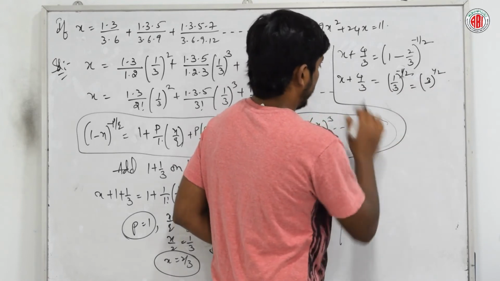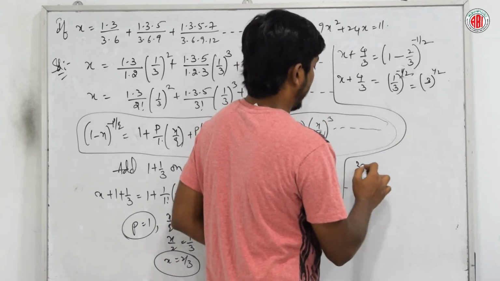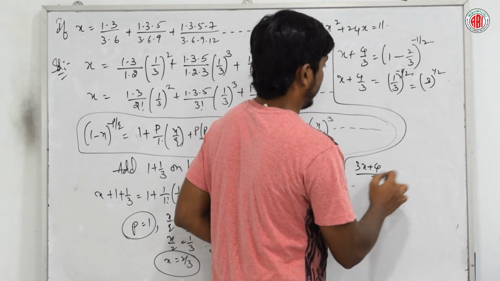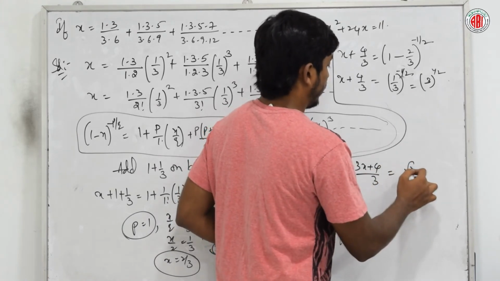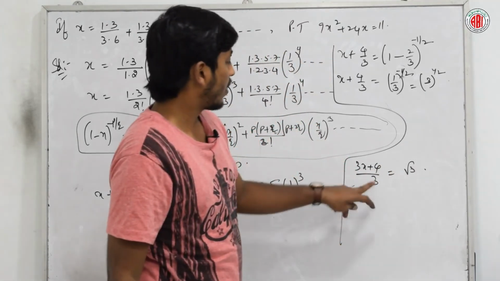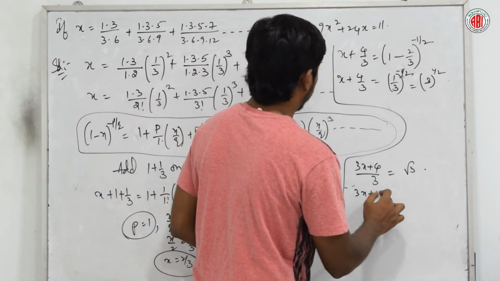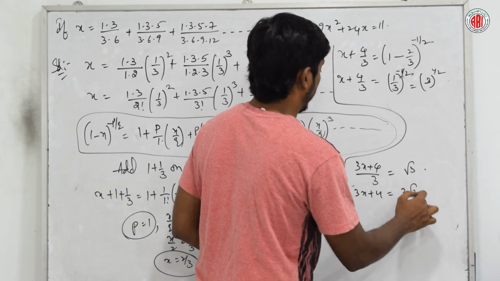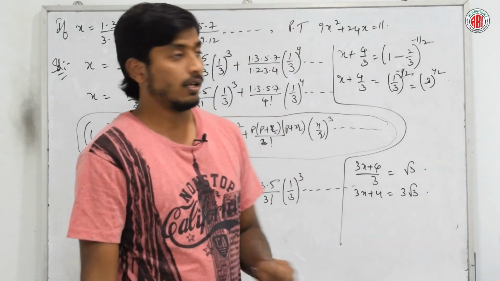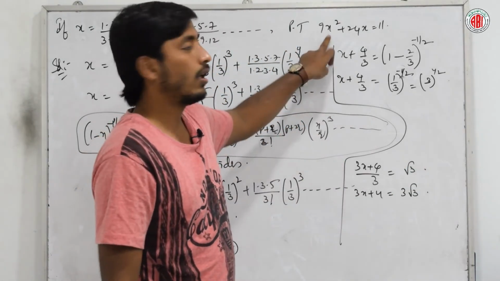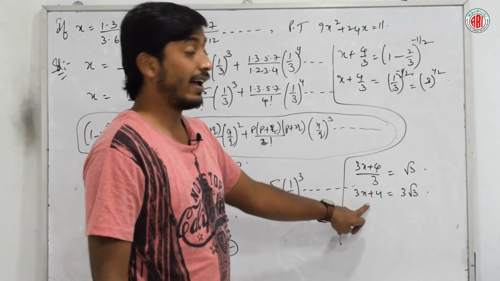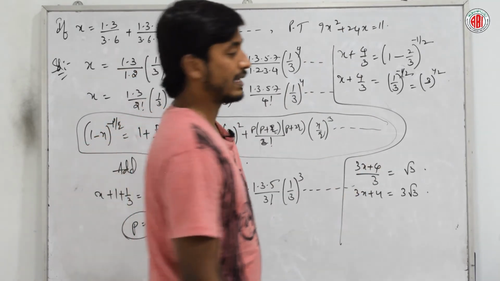Simply, here LCM is 3, x plus 4 by 3 is equal to root 3. Okay, let me transfer this also to that side. 3x plus 4 is equal to 3 root 3. Right? Do we have a single x term here? So, we have a square term there. So, let me square it on both sides.